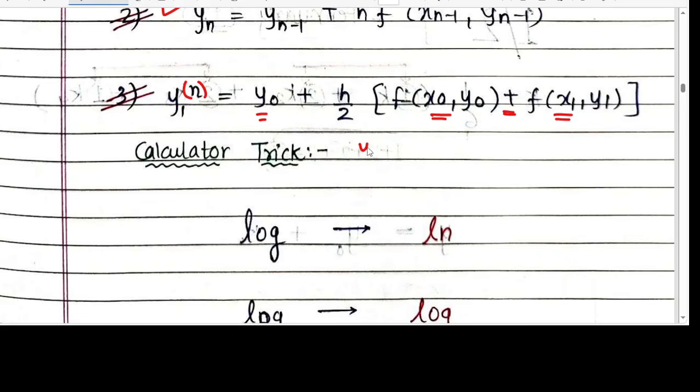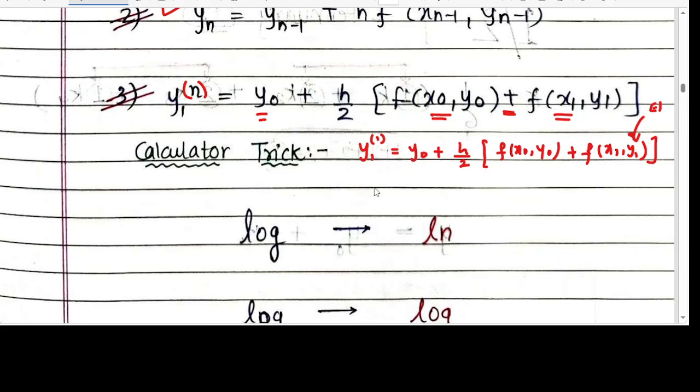Suppose if you want to write y1 of 1, first approximation, which is y0 plus h by 2 f of x0 comma y0 plus f of x1 comma y1, and here the value of y1 we can find using Euler's method, right? Similarly, we can write for y1 of 2 also.